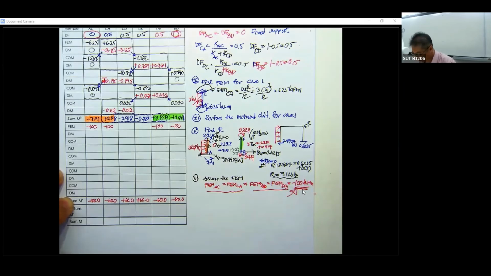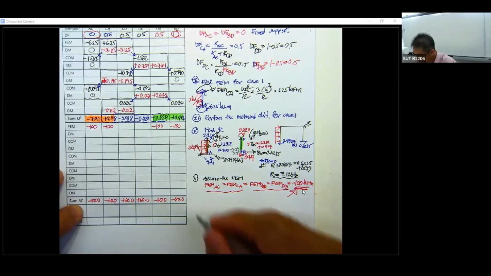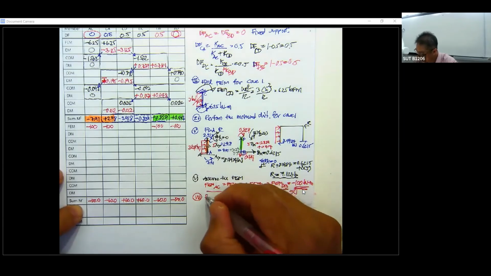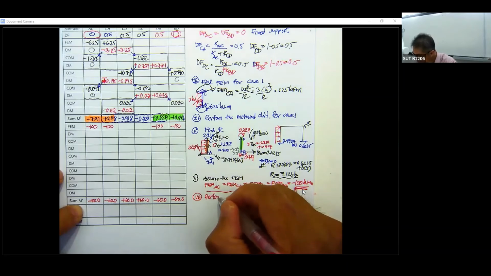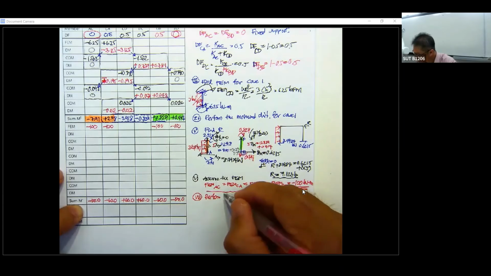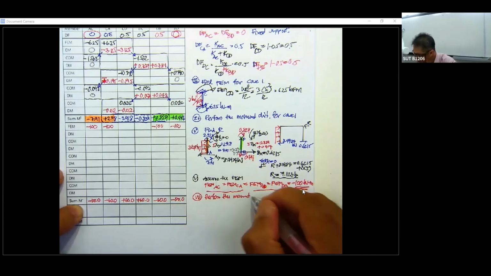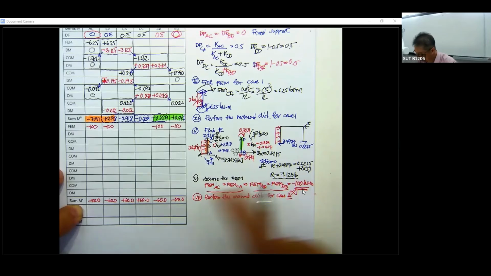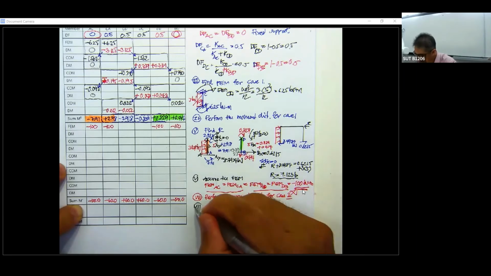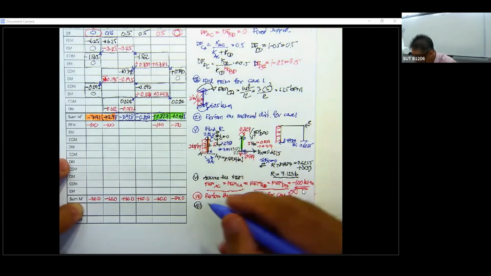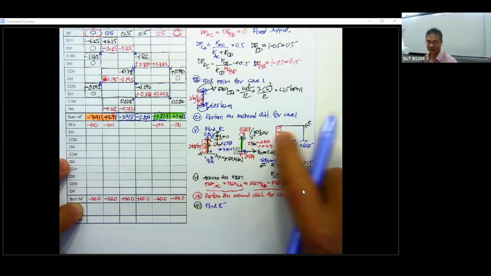Now, by doing this, step 7, you perform the moment distribution for case 2, and then you get the end moments. Next, you go to step 8. You're going to find R prime. You do the same thing.